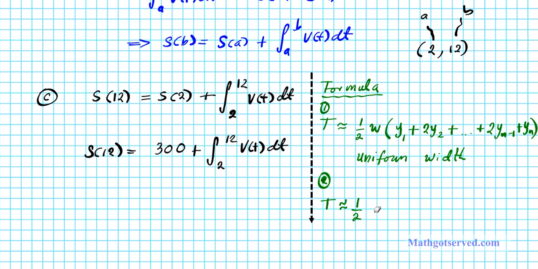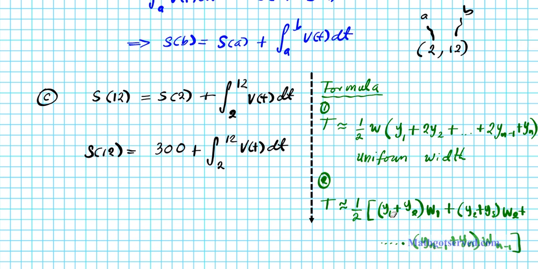Then you have y1 plus y2 times the width of the first trapezoid, plus y2 plus y3 times w2, and the pattern goes on until you end up with y sub n minus 1 plus y sub n times the width of the last trapezoid. The first case is very easy; this one involves more work.